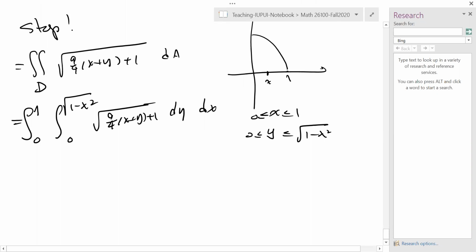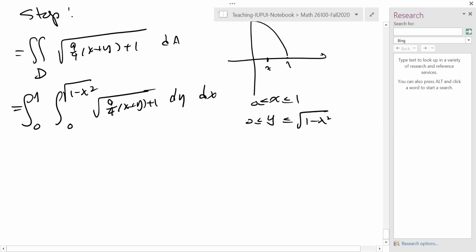All right, well, you can evaluate this integral, okay? So this time the substitution is a little bit easier. You use this substitution, du equals 9/4 dy.